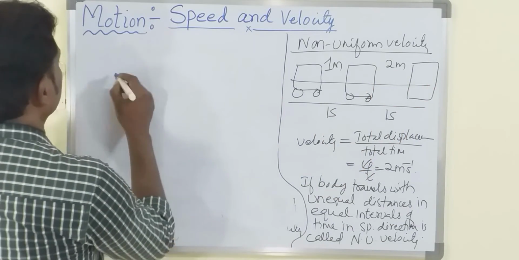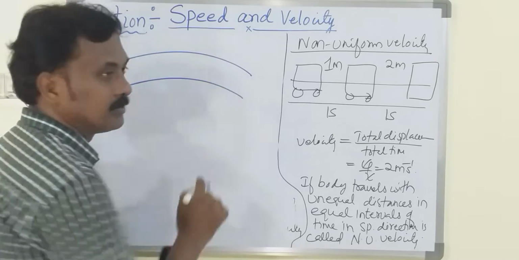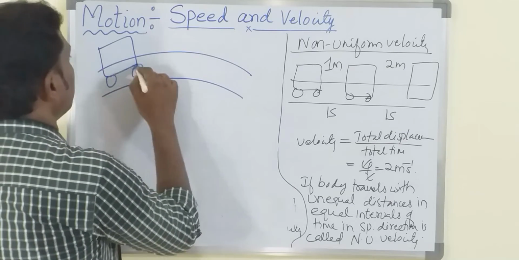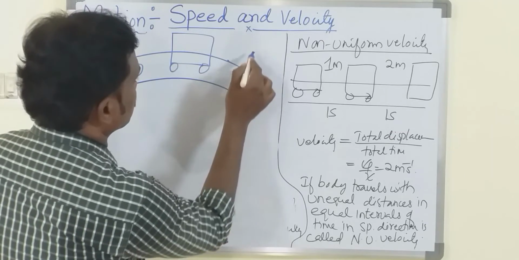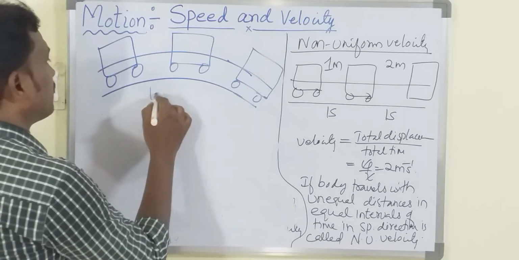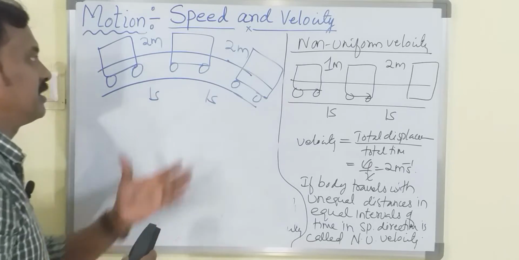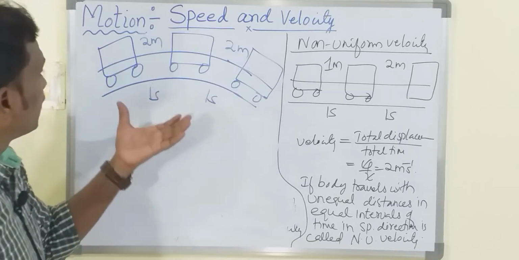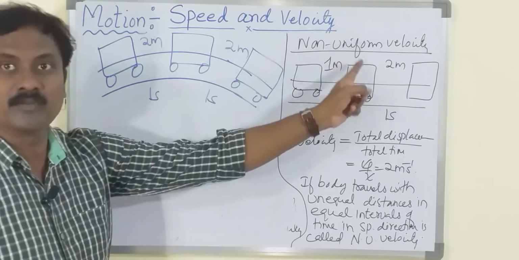Now let us take another case of non-uniform velocity. In the previous case we observed the body moving with uniform speed: for 1 second it moves 2 meters, another 1 second it moves 2 meters. So the body is moving with uniform speed. But if the body is moving in this way, we say it is moving with non-uniform velocity.